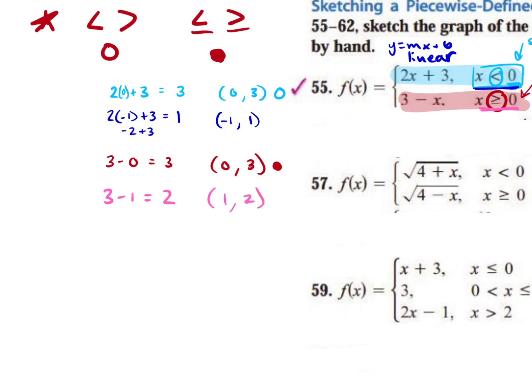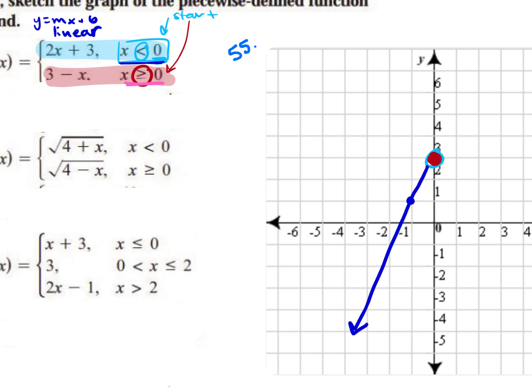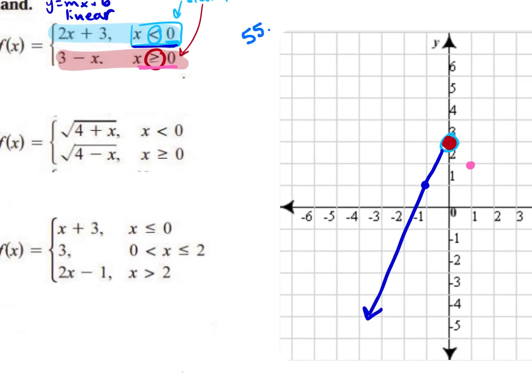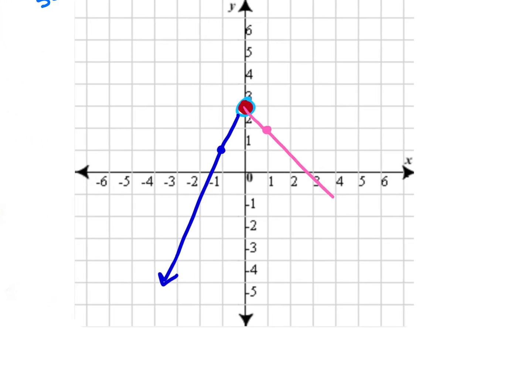The second point just gives us direction. So we don't put a specified open or closed circle here. It's just direction. So we're going to go to the right one and up 2 right there. It's a straight line again because our equation here is in the form of y equals mx plus b, so it is linear. So we just connect our 2 points with a straight line.